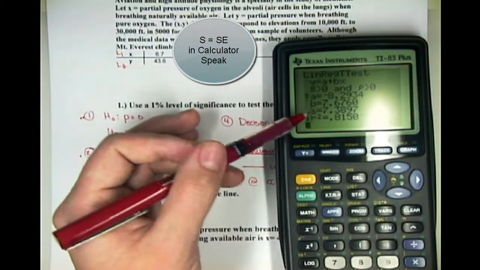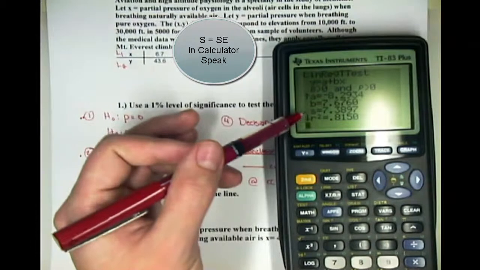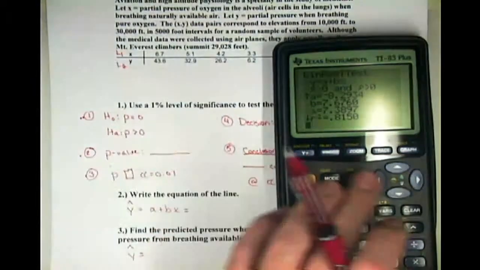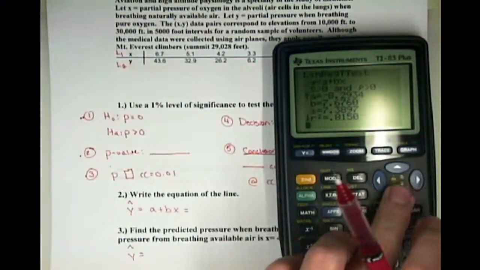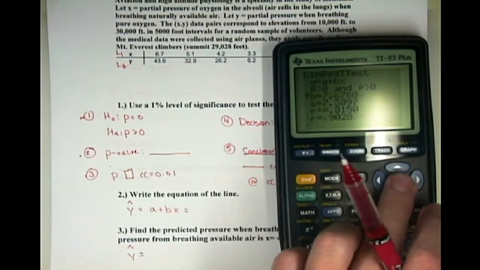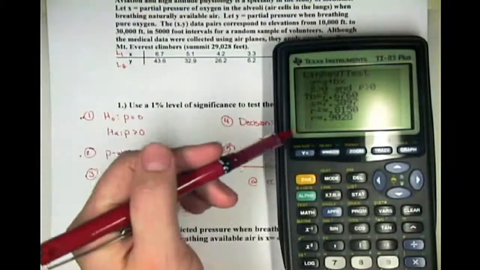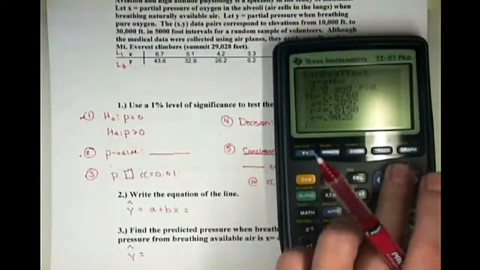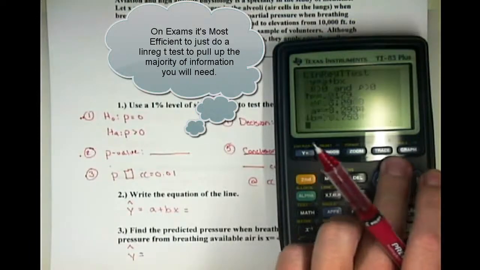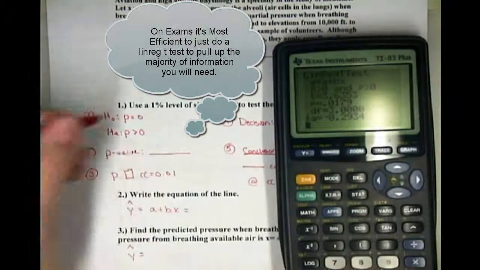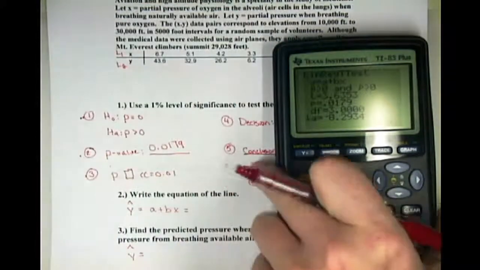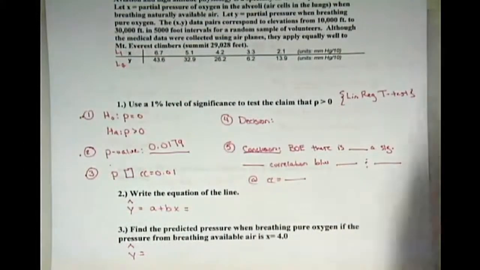These graphers, even though they might not be able to do some confidence intervals for you, they can give you SE, but they call it S, okay? It gives you the coefficient of determination and the correlation coefficient, so it gives you both those things, all in one command. Now what am I looking for here? I'm looking for P, aren't I? P-value, there it is. 0.0179. I can put this to the side now, but I'm not going to clear off that information.